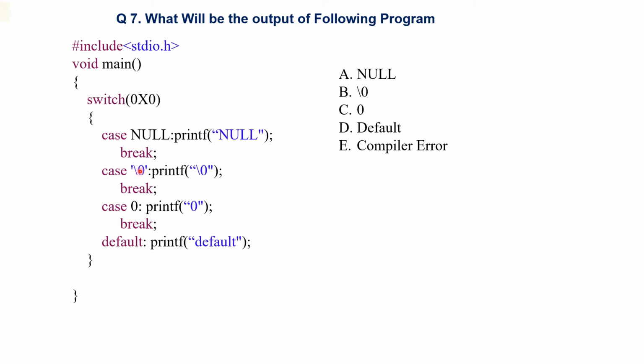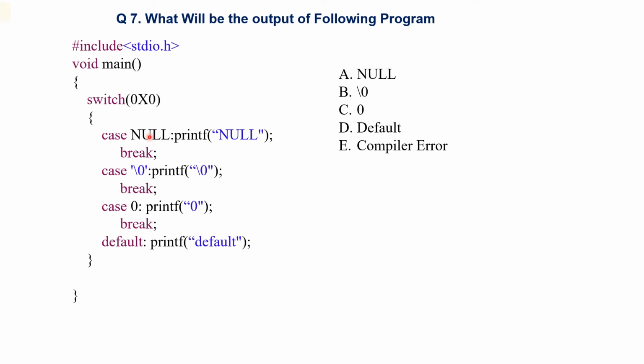Now consider the next case value, that is \0. The ASCII value of this \0 is 0, and after that this case value also contains 0. So therefore all these cases will result in constant value 0, and we cannot duplicate the case values in the switch statement.